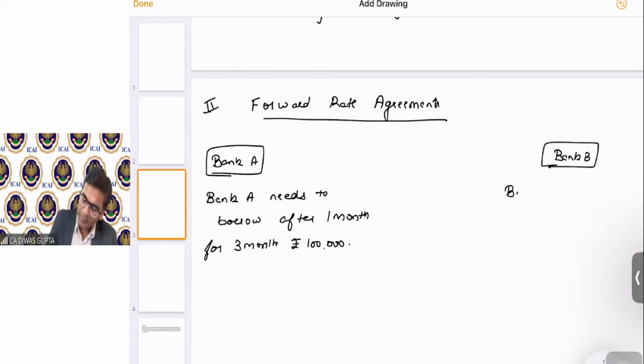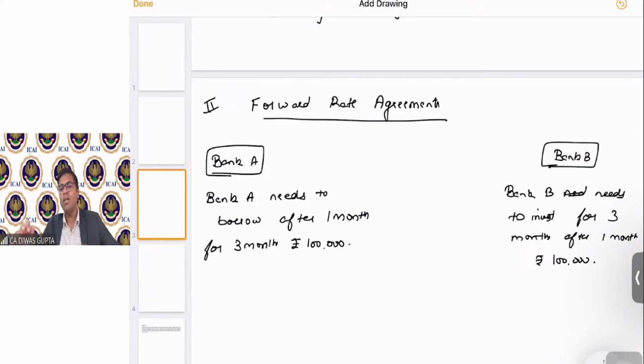Bank B needs to invest for 3 months, after 1 month, Rupees 1 lakh.